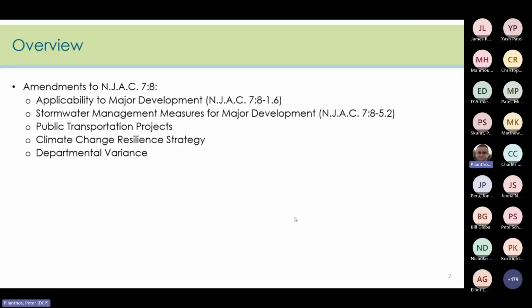We will start with amendments to the applicability to major development section of the rules, N.J.A.C. 7:8-1.6. Then we will get into amendments to N.J.A.C. 7:8-5.2, specifically regarding new requirements on flow control devices. Then we will get into multiple amendments based on 3 separate topics: public transportation projects, climate change resilience strategies, and the new departmental variances.